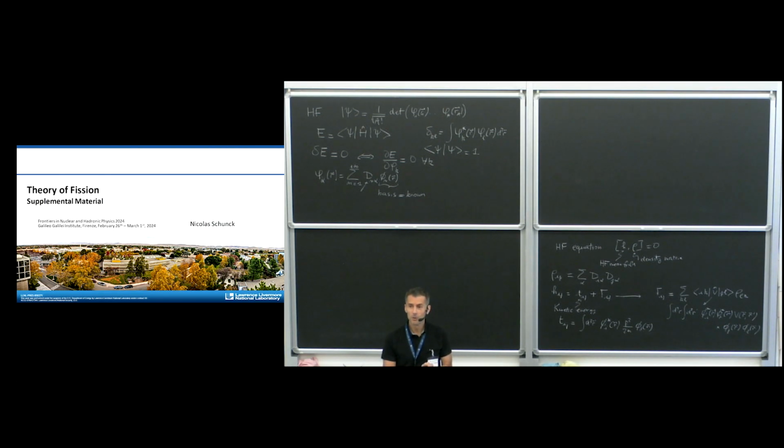If you have a pair of observables that commute, what is the consequence of that? Yes, you can diagonalize those things simultaneously. You can find a basis in which both matrices are diagonal. And that's one possibility that we can use to solve this equation.